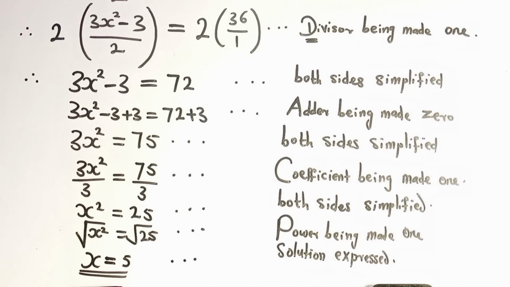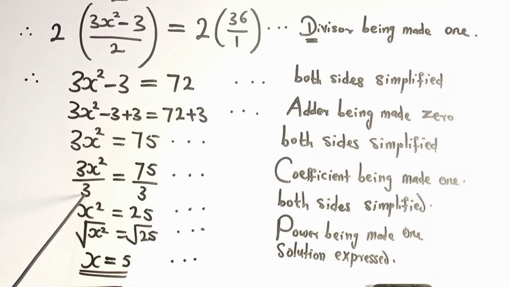Don't forget, if you see anything you want to introduce into an equation to achieve a goal, as long as it is done to both sides, then nothing is wrong with that, especially when that process leads to a change in value of one side of the equation. In this case, if we divide this left-hand side by 3, that is going to be a change in value of the left-hand side. That is why the right-hand side also has to be divided by 3.